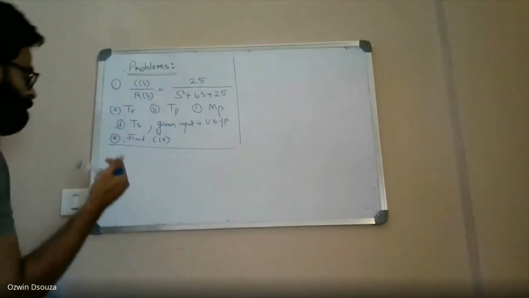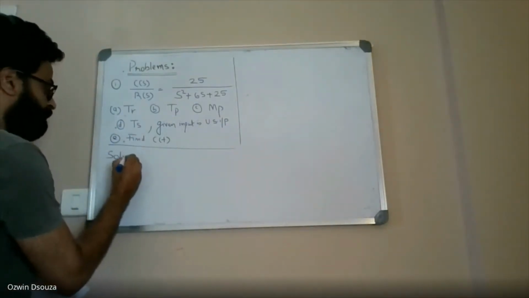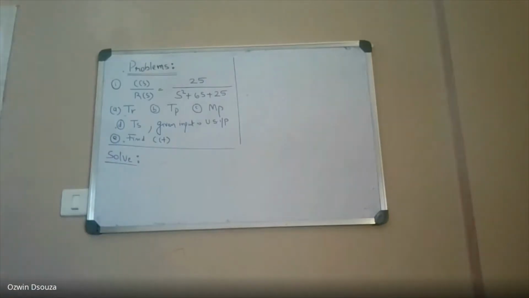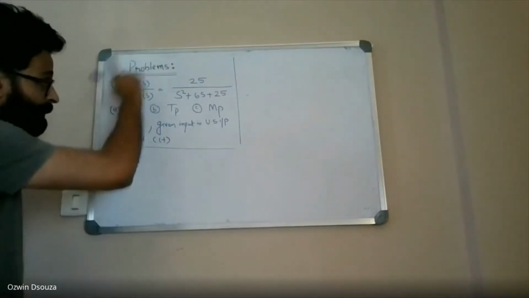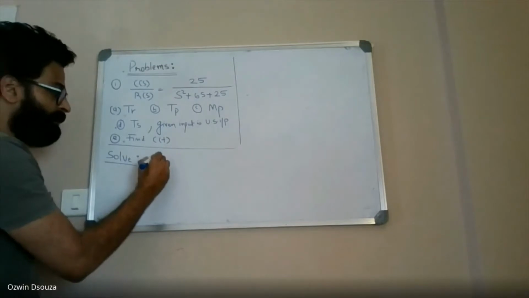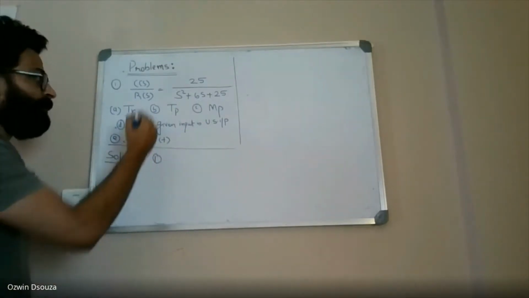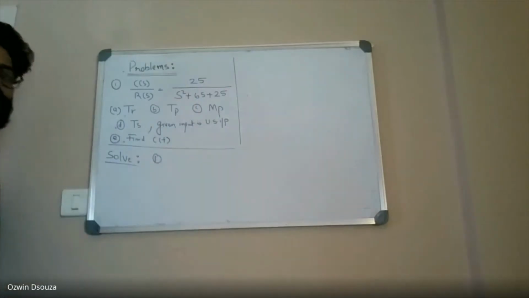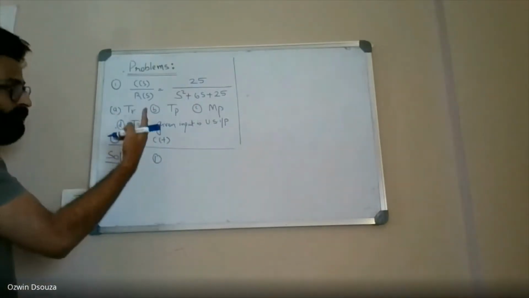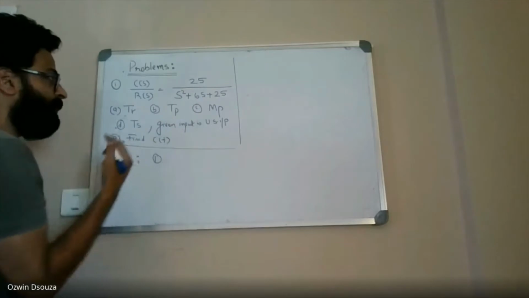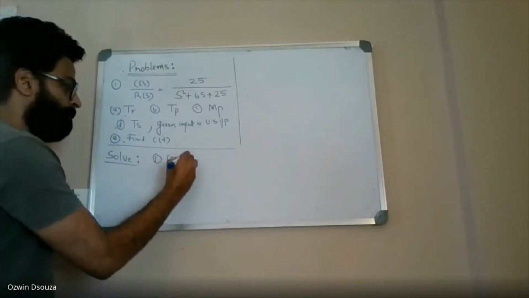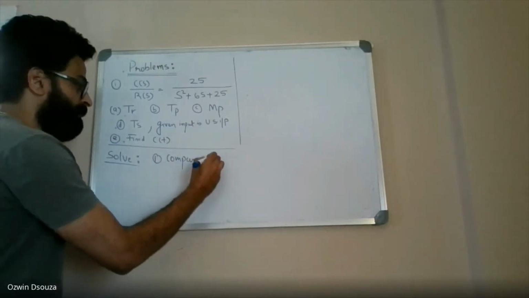So let's solve it. The first one is a straightforward problem. The first thing you have to do in module 3 problems is check whether the given closed loop transfer function belongs to the standard form or not. So compare with the standard form.